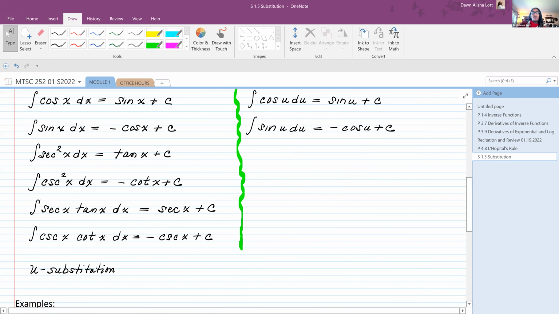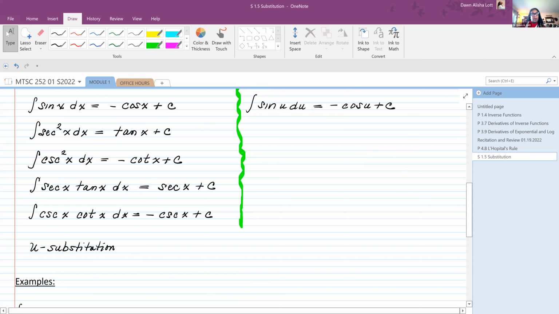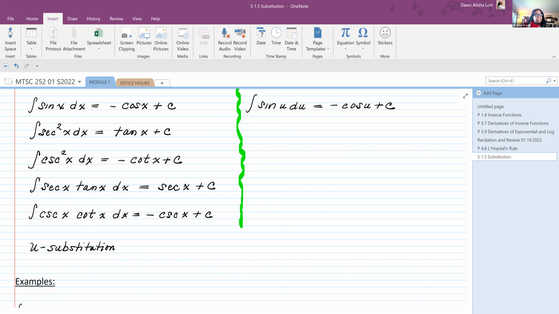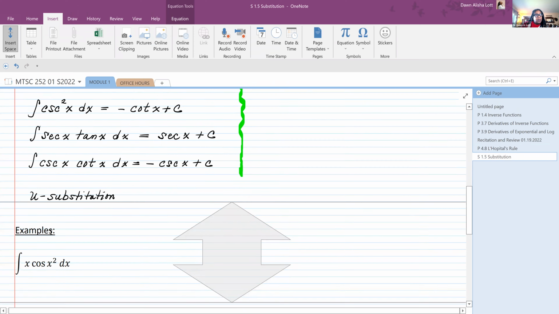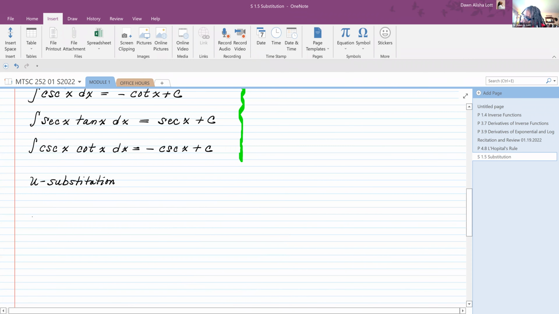All right, so therefore, now I want to integrate the derivative of a function of u of x, and then u prime of x is sitting right there. Its derivative is sitting right there.